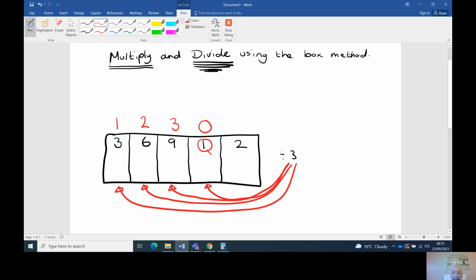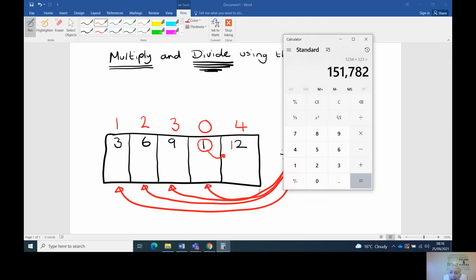So I'm going to take it to the next number, which will give me 12. So 3 into 12 goes 3, 6, 9, 12 goes 4. And that's our answer. Okay, that's our answer.